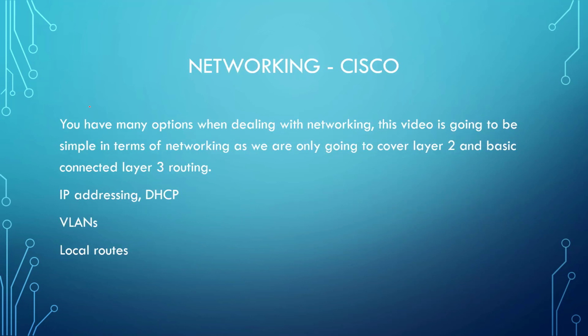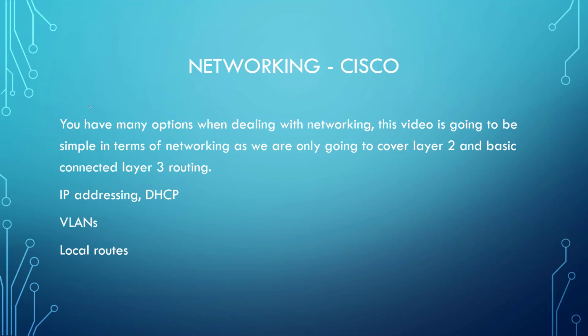In the networking realm, we do have a lot of options when dealing with networking. This video is going to be pretty simple in terms of networking, as we're only going to be able to look at a layer 2 and a basic layer 3 routed switch. There are many options out there, the 9300, 9400, 9600 series Catalyst to the Nexus line.